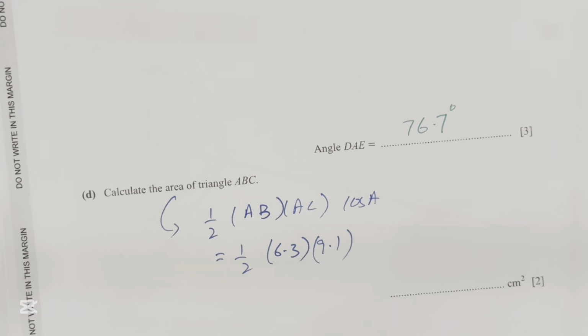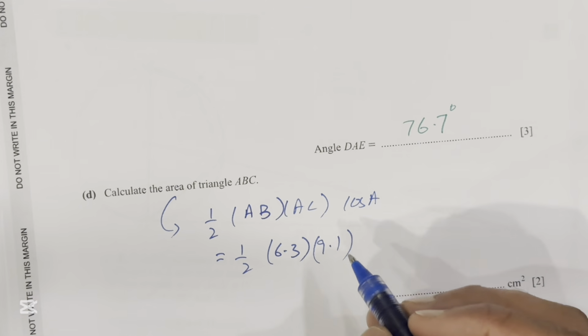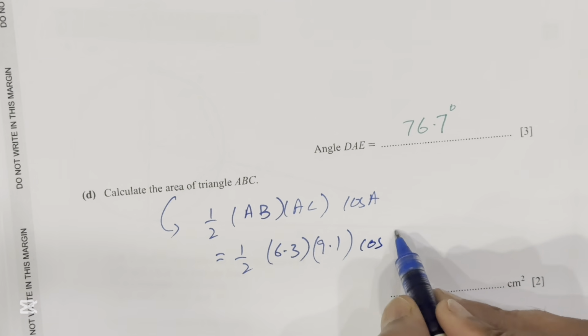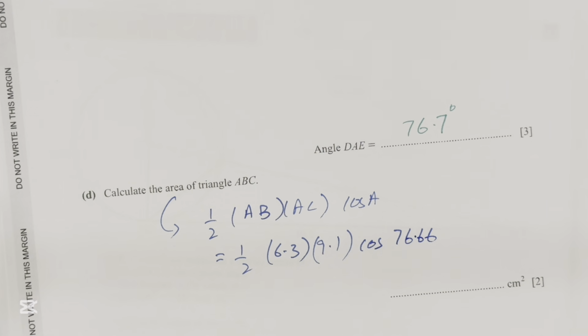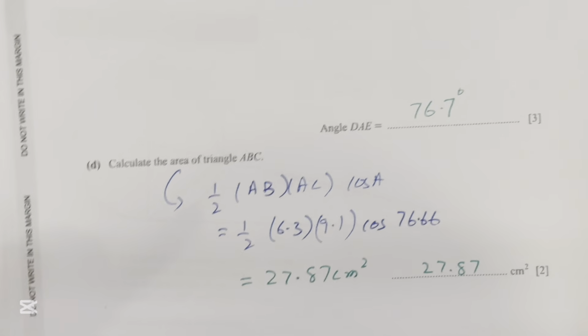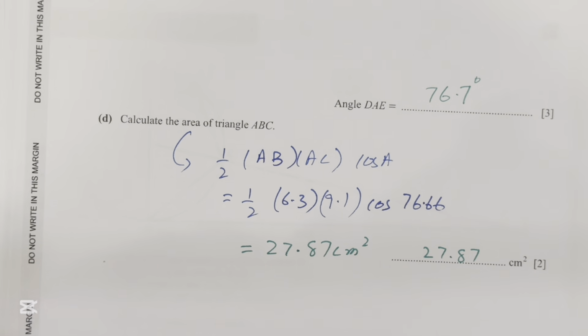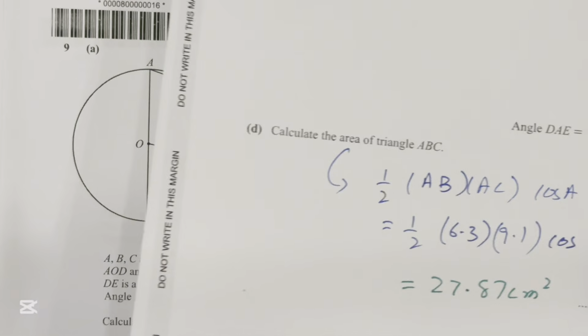Okay, in case you were not getting it, I am explaining in as much detail as I can. So after applying this formula, you get the value, that is equal to 27.87 centimeters square. You can write this in your answer space. So this is how we have completed question number 8.